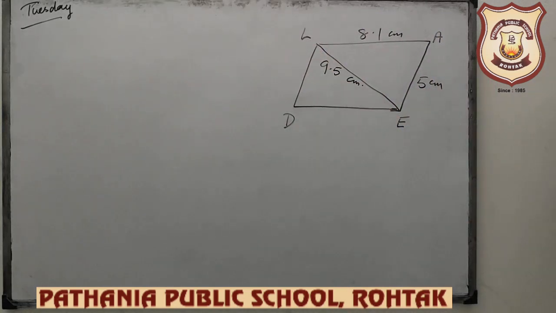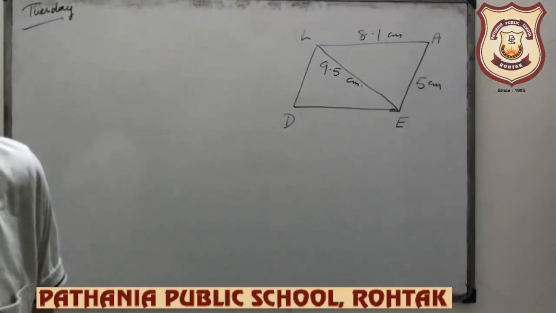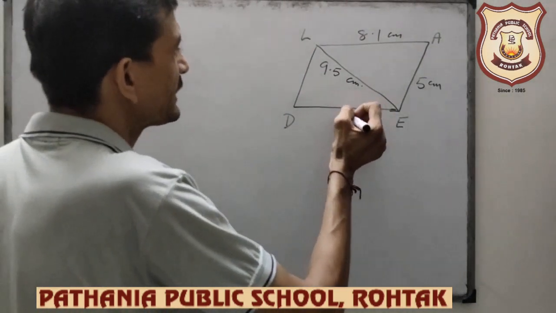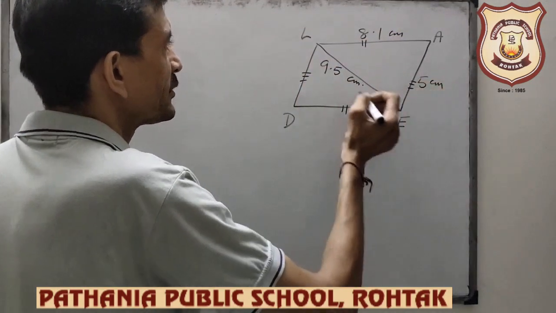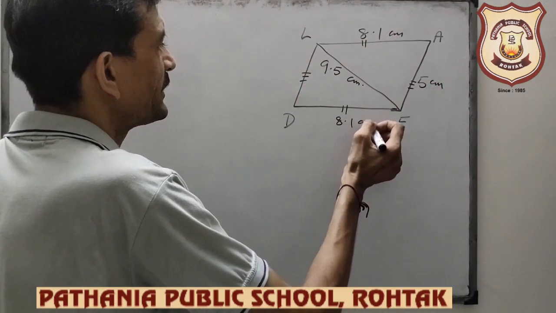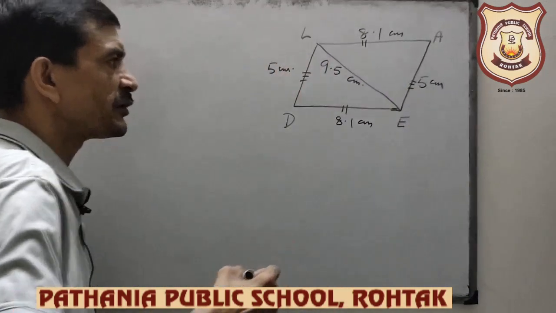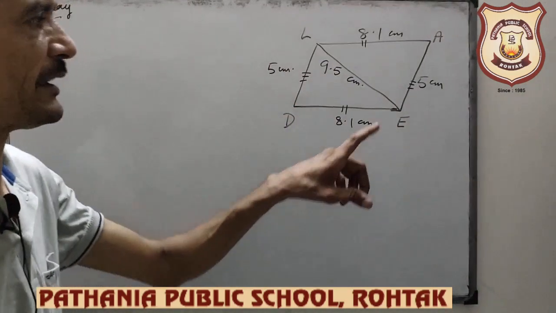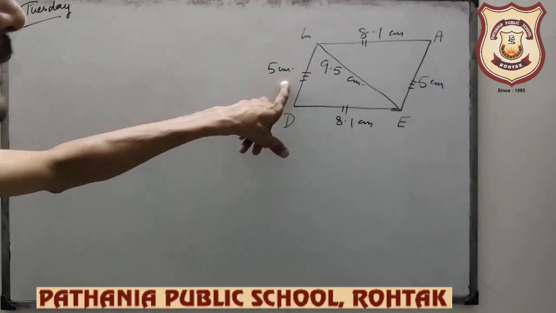Beta, because opposite sides of a parallelogram are equal, therefore DE is 8.1 and DL is also 5 centimeter.